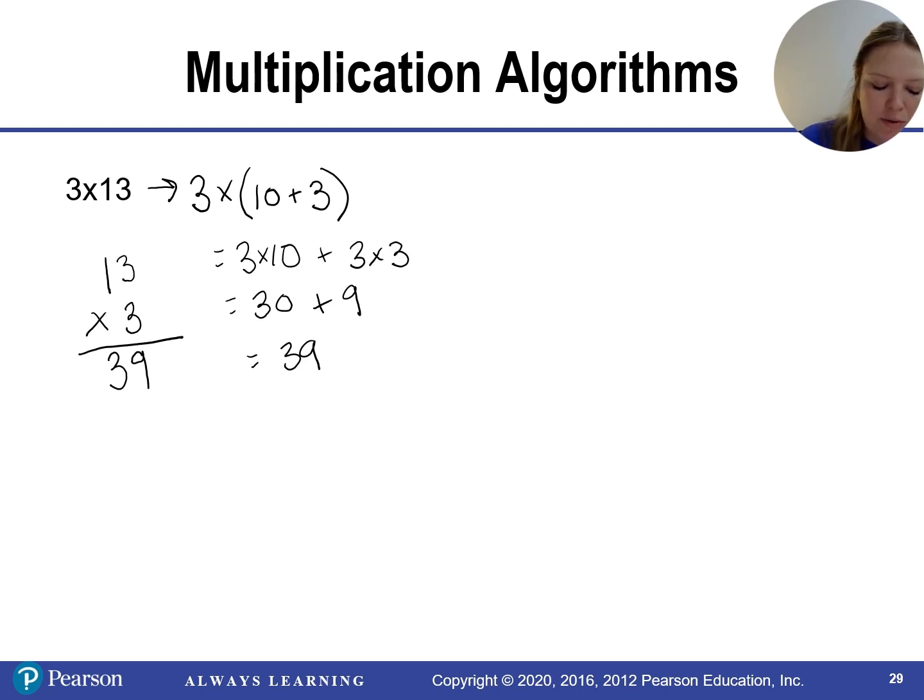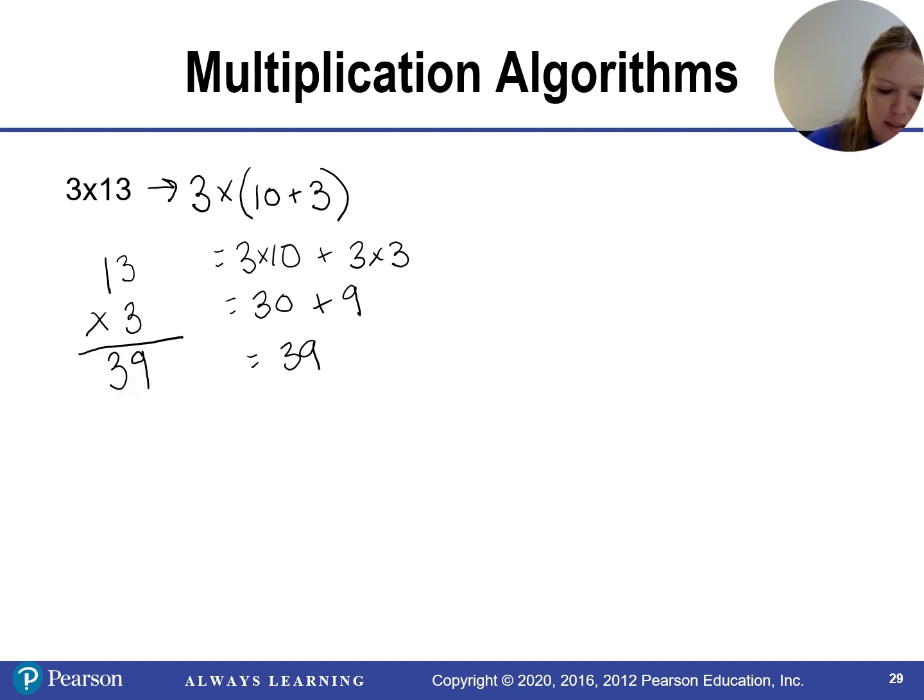So I could go through this algorithm to emphasize place value by saying something like, well, 3 ones times 3 ones is 9 ones, so I have 9 ones in my final result. 3 ones times 1 ten is 3 tens, so I put 3 tens in my final result.